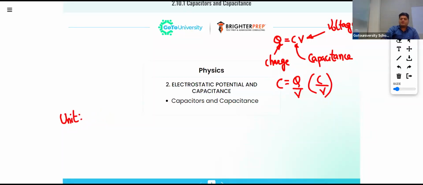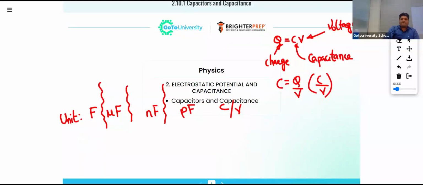First one, farad, microfarad, then we have nanofarad, then picofarad, then we have C over V. Okay, these are the units.